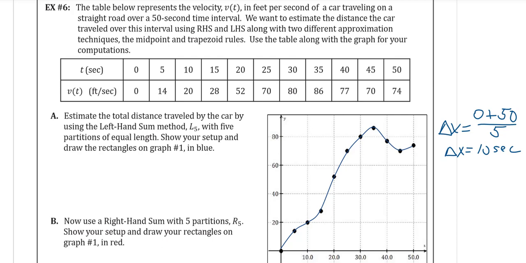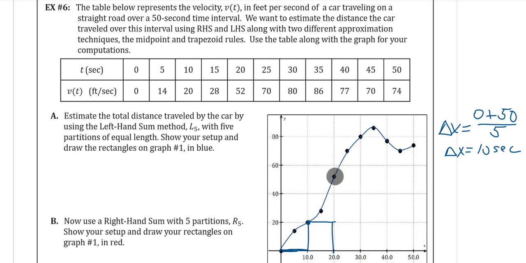Okay, so now let me do this in blue. I am doing a left-hand sum, and so that's at the beginning of the interval. The very first rectangle is going to be 0 because the curve hits the left-hand side at 0. So the first rectangle is 0. The second one is going to start here and go across 10 seconds.